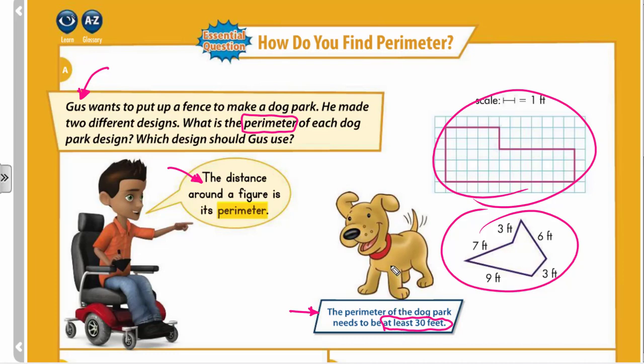Okay, so I have two answers here. Someone said less and others said more. So let's see. When I say at least, this is the least number that I can use. So this is the smallest. So in fact, we need more than 30 feet.